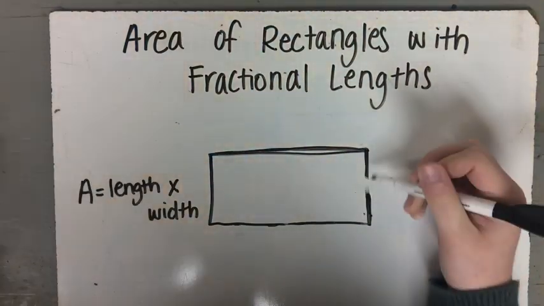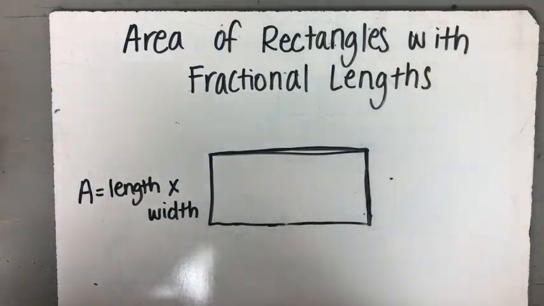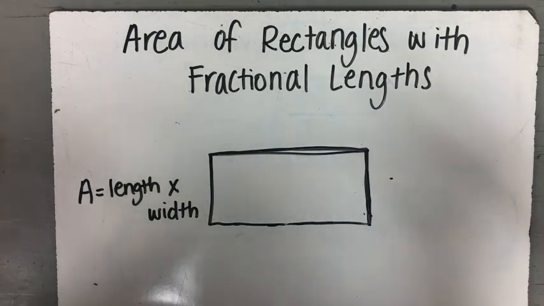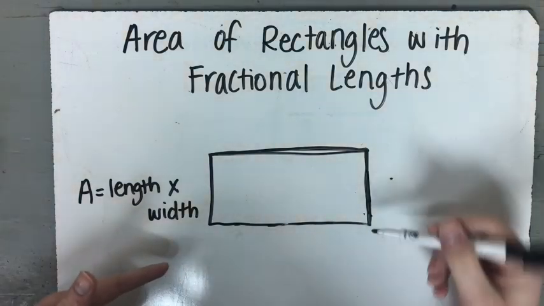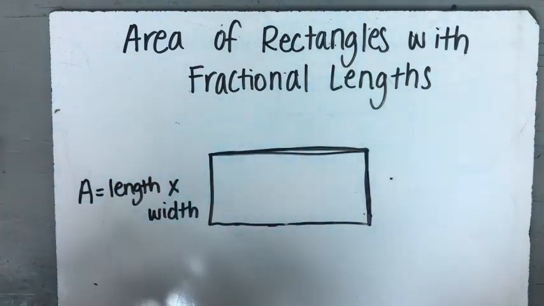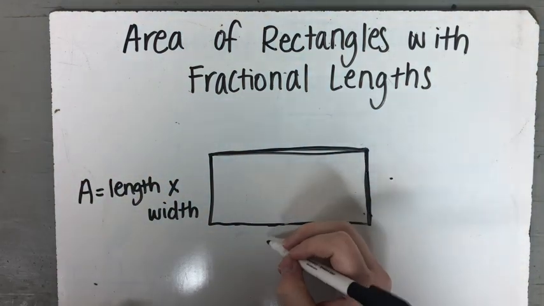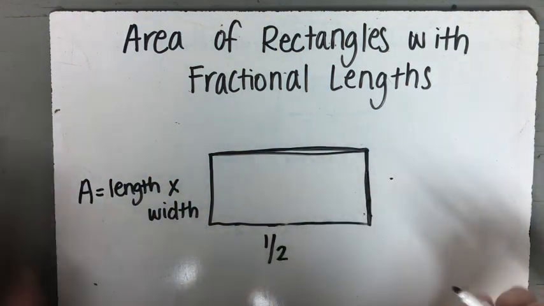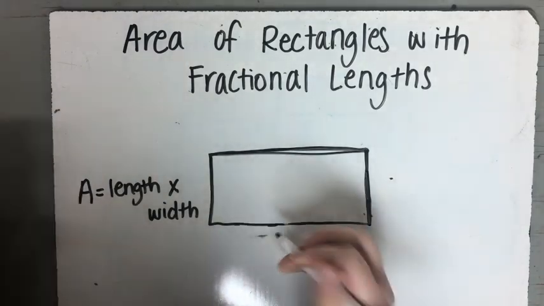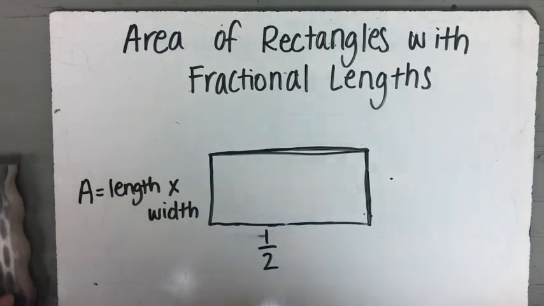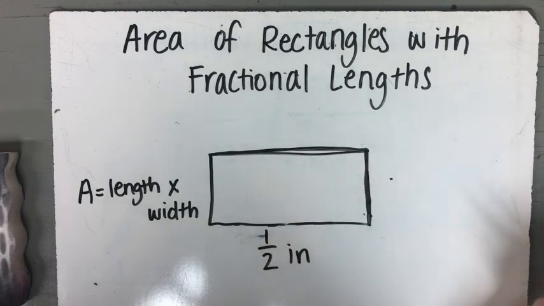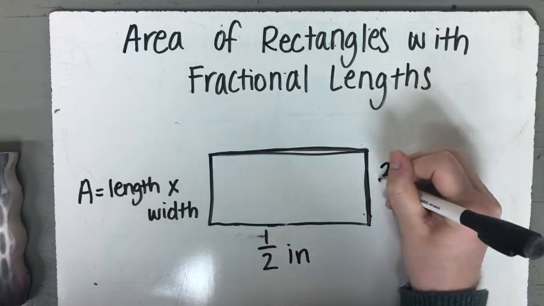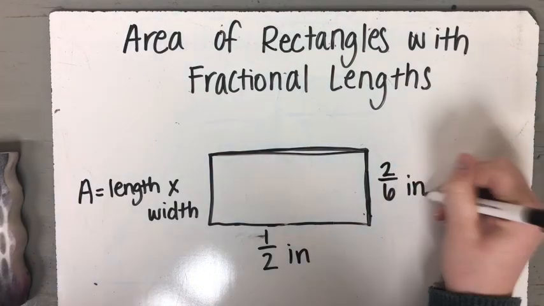What we're going to do today is we're going to find area, but if our length and our width had fractions in them. So for example, let's say that now I have a fraction. Let me write it this way. I have 1/2 of an inch times 2/6 of an inch.